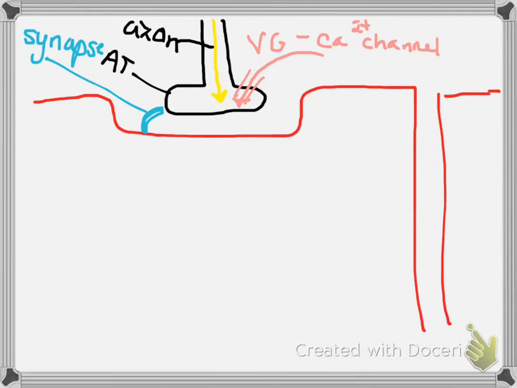Calcium comes into the cell, and there you have these little secretory vesicles containing acetylcholine hanging out in the axon terminal. That influx of calcium stimulates the exocytosis, a chapter 3 word, of the neurotransmitter acetylcholine.